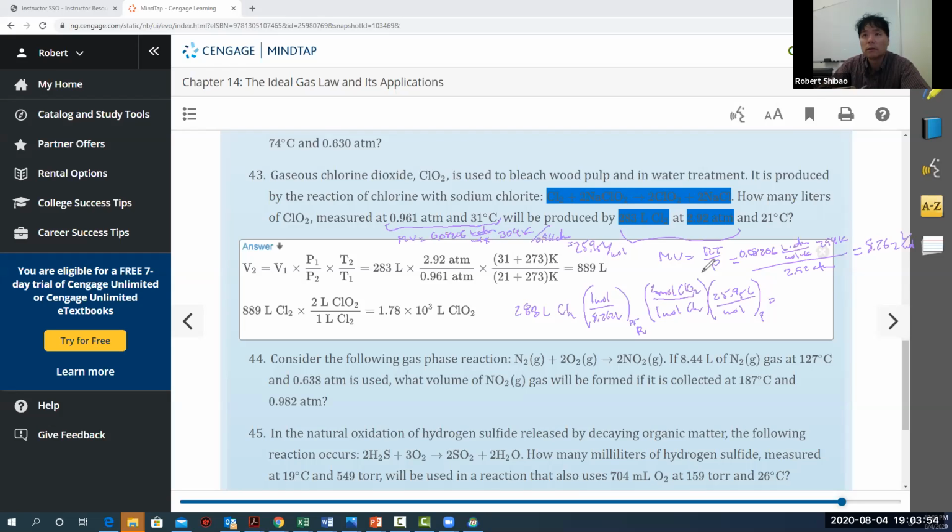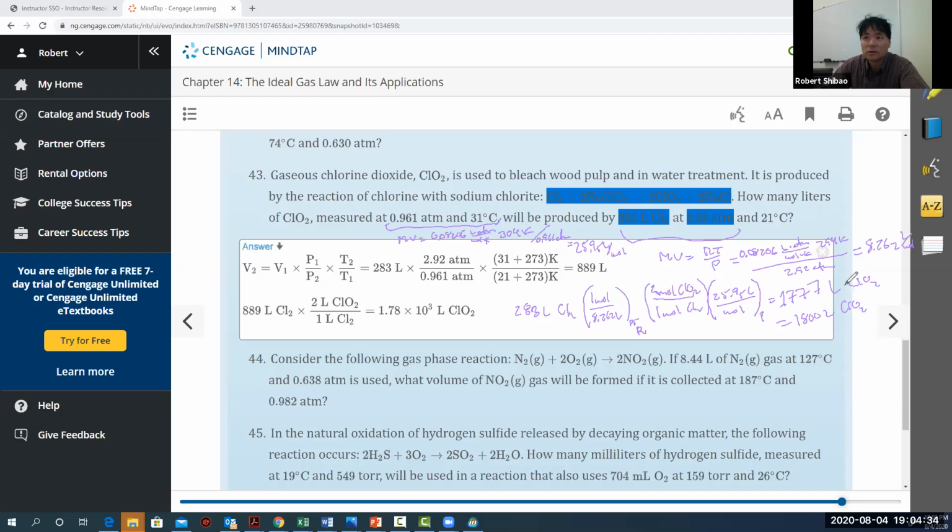And so what does it come out to? 283 divided by 8.262 times 2 times 25.95. We're allowed 3 sig figs. And so 1,777 liters of ClO2.